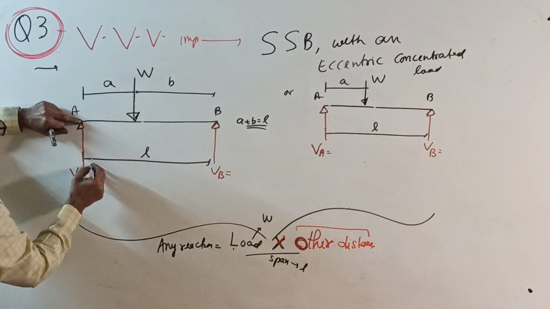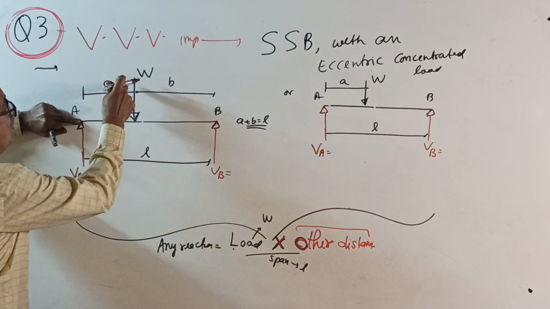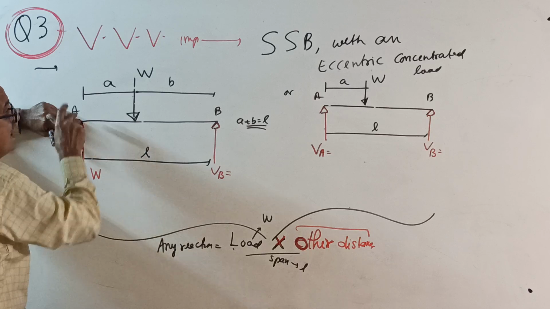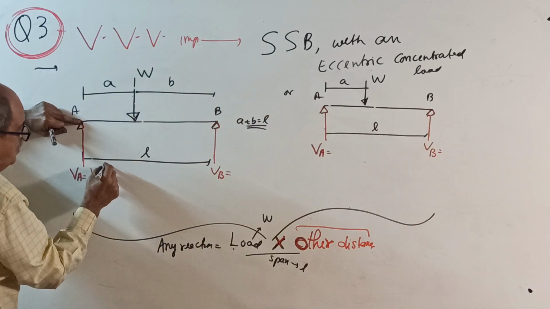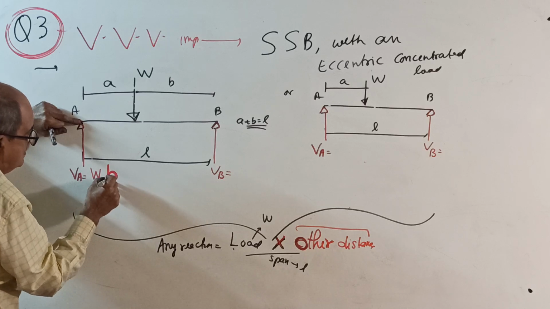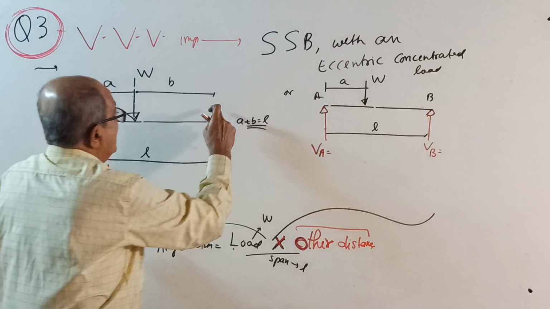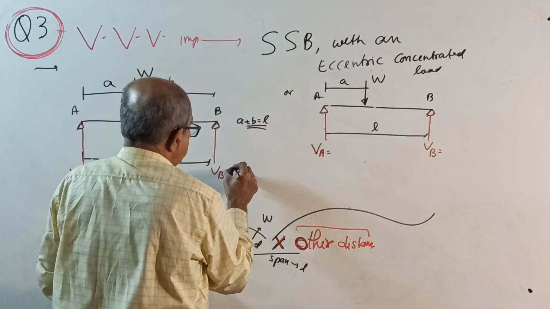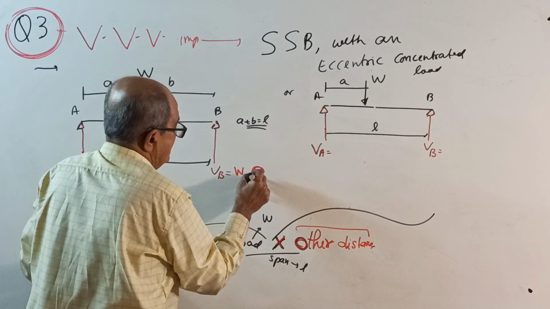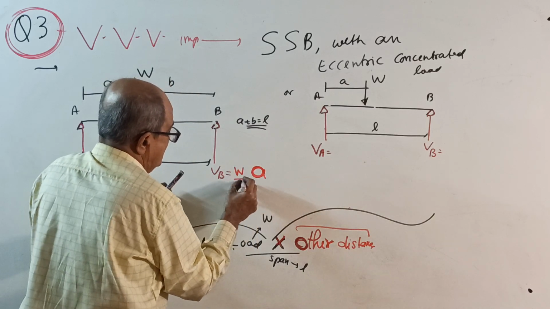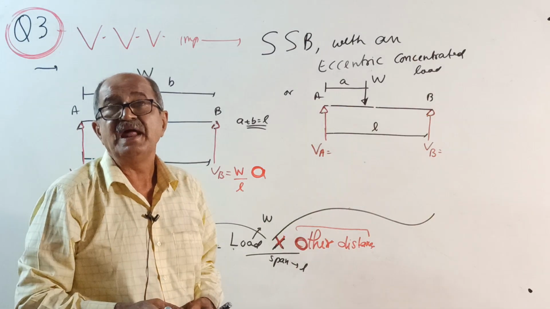If I want reaction VA here, load W into the other side, B, by L. This reaction is W into the other distance, A, by L. Remember, inversely proportional, not directly.